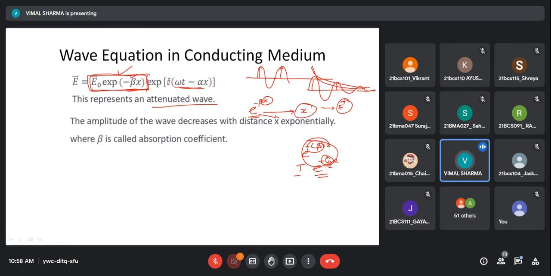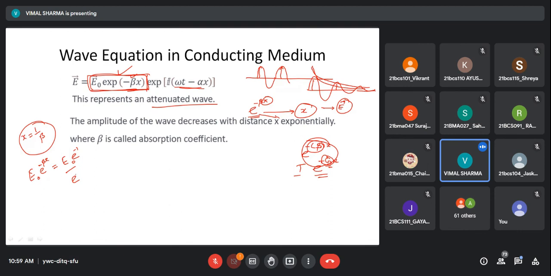And in case this x equals 1 by beta, the distance moved by the electromagnetic wave, then you will see that the amplitude will be E naught e raised to the power minus beta x, which equals E naught e raised to the power, with x as 1 by beta, minus 1.